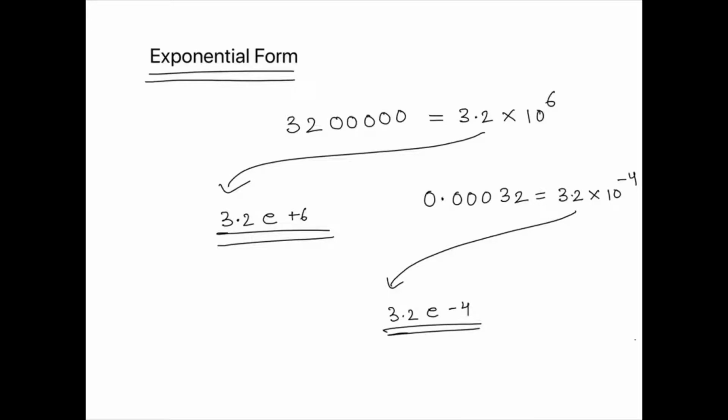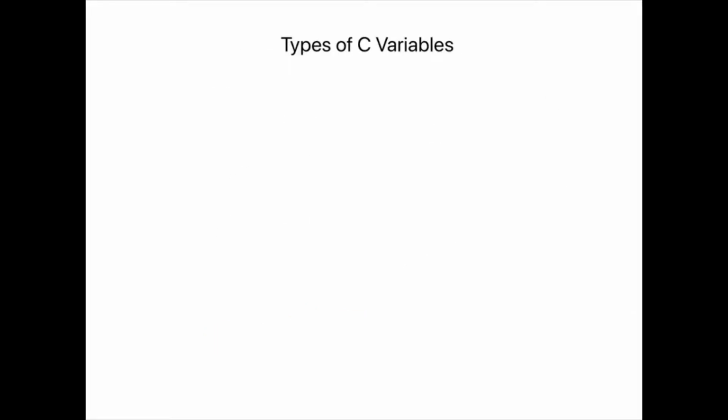This is known as the exponential form, and this is used when the numbers are very big or very small. In both these cases, the number before e is known as the mantissa, and the number after e is known as the exponent.